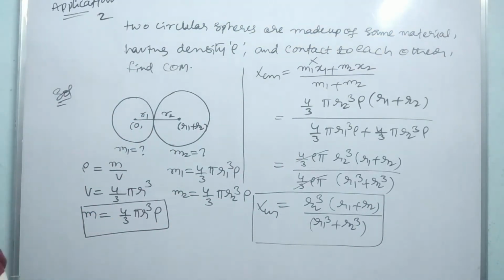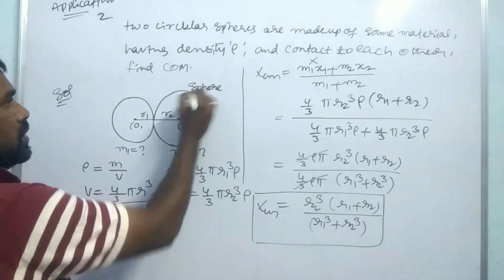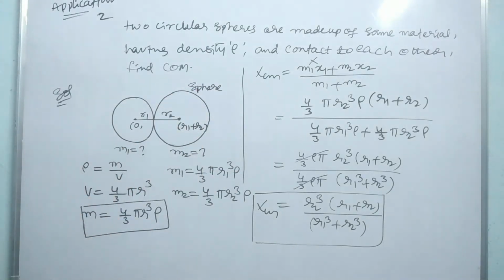So what is the difference you have to observe here between the sphere and the disc? This is the sphere. Sphere means a shot put, you know very well. Disc means discus throw, a disc which is overlapped by the total surface of mass, right?